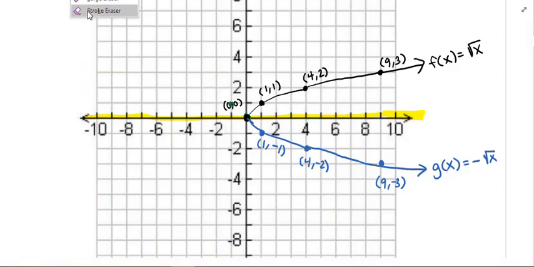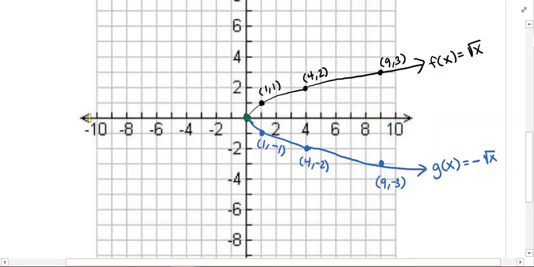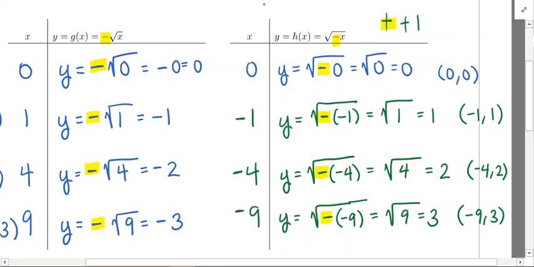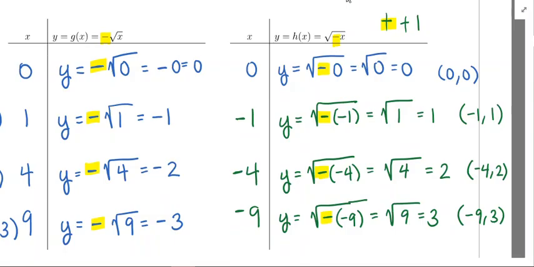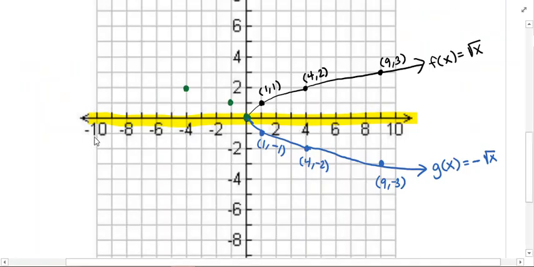Let me erase this right here, and hold on, let me redraw what I had. All right, so we're going to have negative 1, positive 1, and then negative 4, positive 2, and then our last point is going to be negative 9, 3.